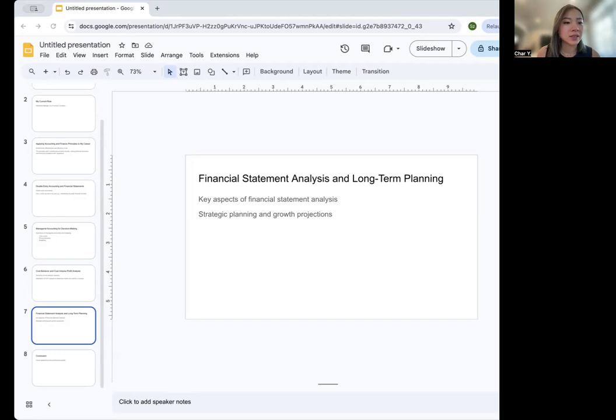In terms of long-term planning, there is a lot of integration that we can do, including budgeting, forecasting, capital expenditure planning, and even risk assessment.